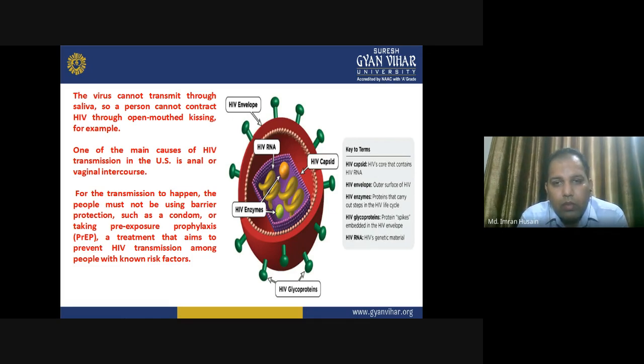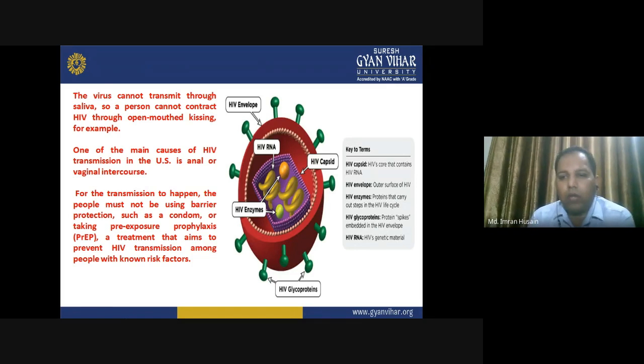Here they have shown the structure of HIV. What are the main structural components involved? Here you can see the HIV glycoproteins, HIV capsid, HIV RNA, HIV enzymes, and HIV envelope. The HIV capsid is the core that contains HIV RNA, or retroviral RNA.